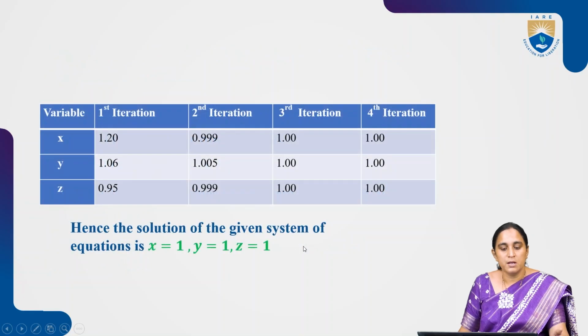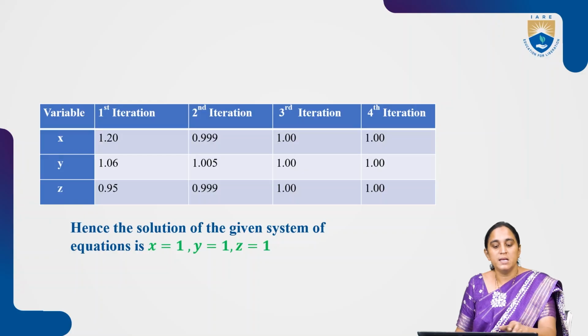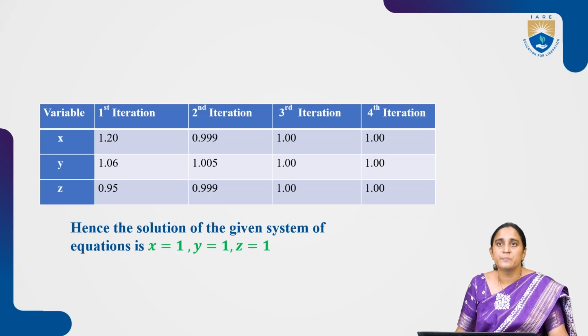Now observe the table form after getting all iterations. The first iteration values are x 1.20, y 1.06 and z 0.95, and the second iteration 0.992, 1.005 and 0.999. Observe that these two are not similar; we get many differences. After the third iteration, we get x is 1, y is 1 and z is 1. And the fourth iteration also, x is 1, y is 1 and z is 1.